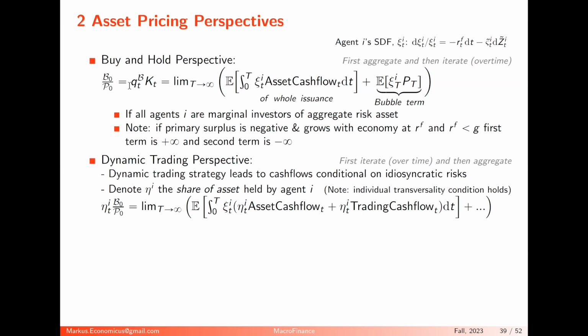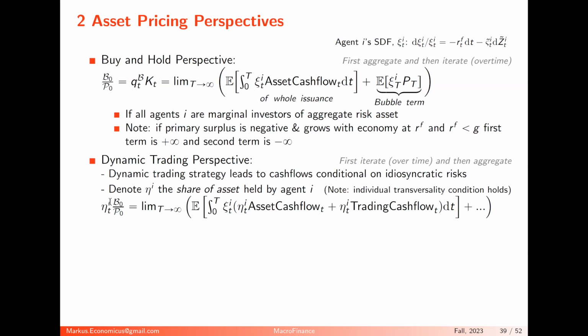The better way to do this is not to price a buy and hold strategy. I hold all government bonds and just get the primary surpluses. I really price the cash flows I get from the retrading strategy. So if you price your bond, so you're Mr. I tilde, there should be all I tildes here.